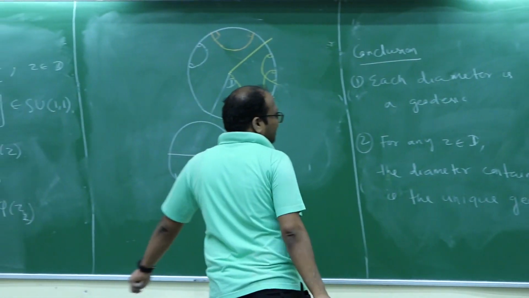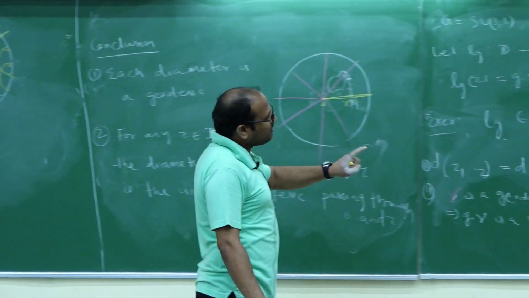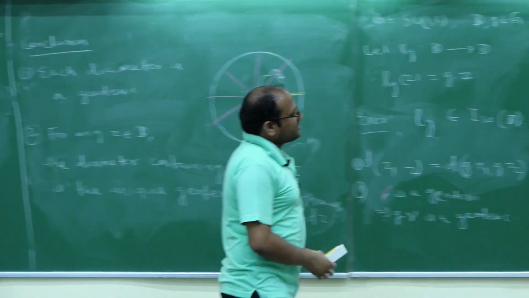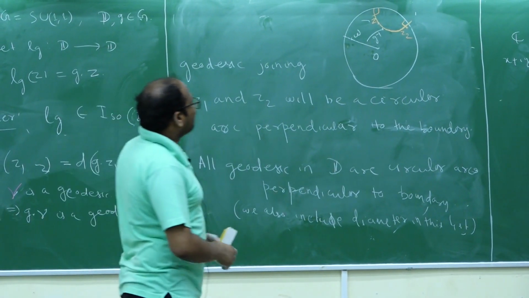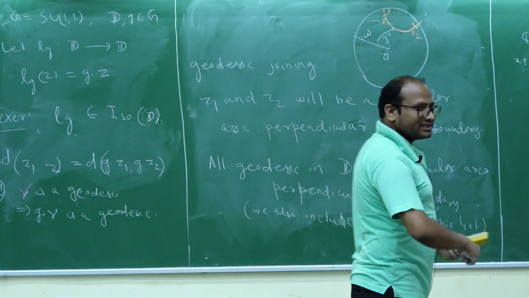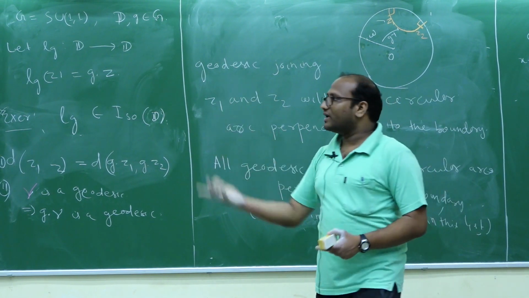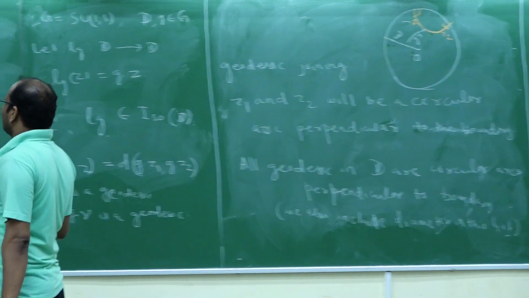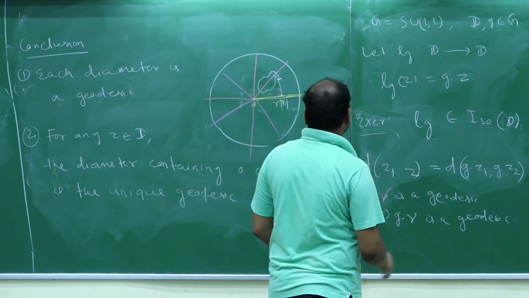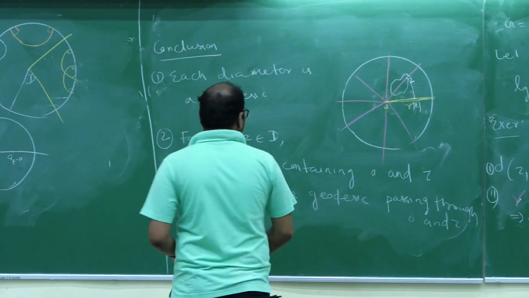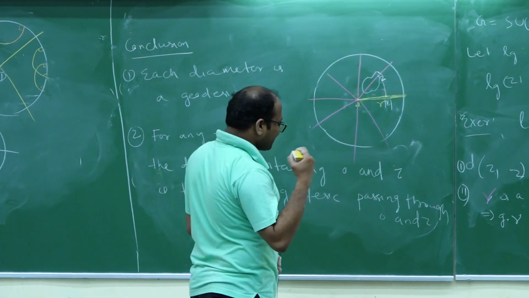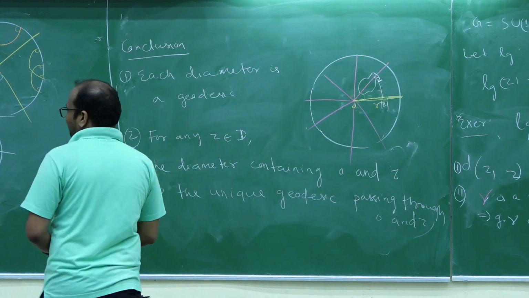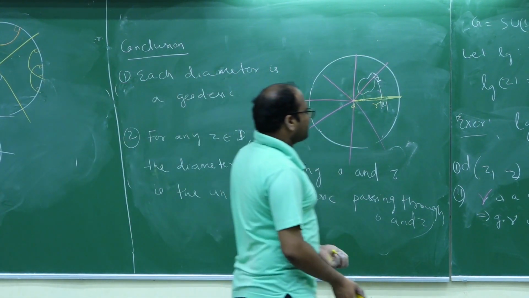So here, between any two points Z1 and Z2 there will be a unique geodesic. It is not true in a general manifold setup that between any two points there is a unique geodesic; there may be infinitely many geodesics between any two. But in this particular setting, the upper half plane, between any two points there will always exist a single unique geodesic. So that remark I should make.